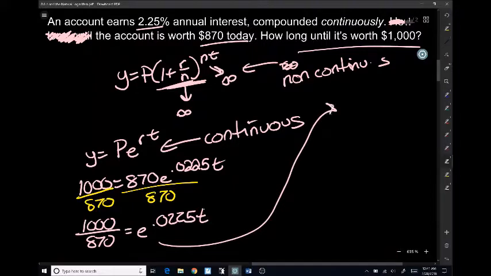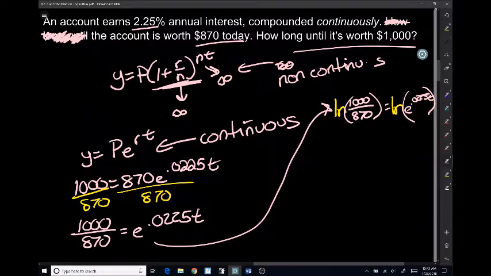The next thing I'm going to do, and I'll do that way over here, is take a natural log of both sides. So the natural log of 1,000 over 870, so much easier if it was 870 over 1,000, but whatever, equals the natural log of e to the 0.0225t.